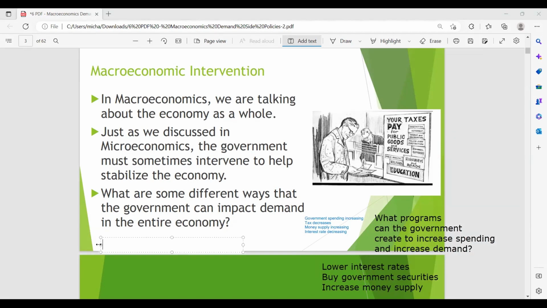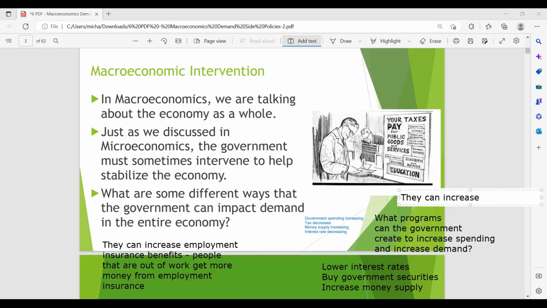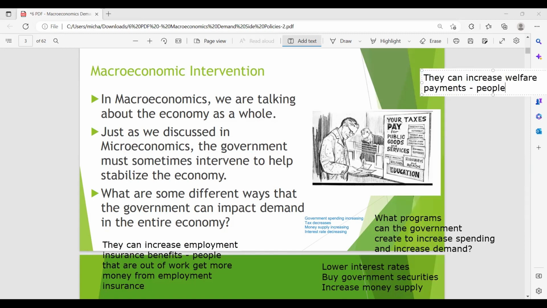And then they can increase employment insurance benefits, so people that are out of work get more money from employment insurance. Also, they can increase welfare payments, so people in need of government assistance will get more support from the government.